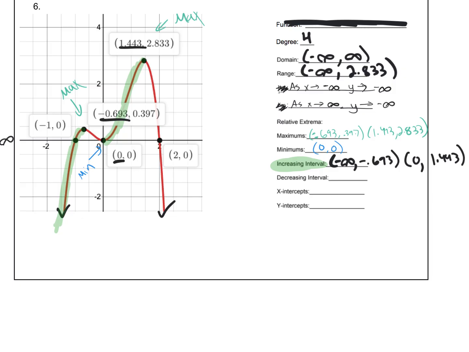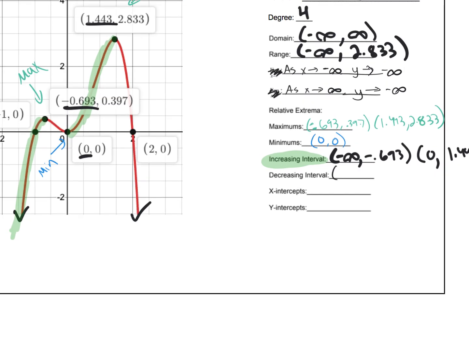Checking the 2 decreasing intervals. This first decreasing interval, this little section here in between the first and second turns, we're talking about the x values. So in that case, this turn here has the x value of negative 0.693. Second turn, x value of 0. So our first decreasing interval will be between those 2 x values, negative 0.693, comma 0. The second decreasing interval is going to start going down at this third and final turn.